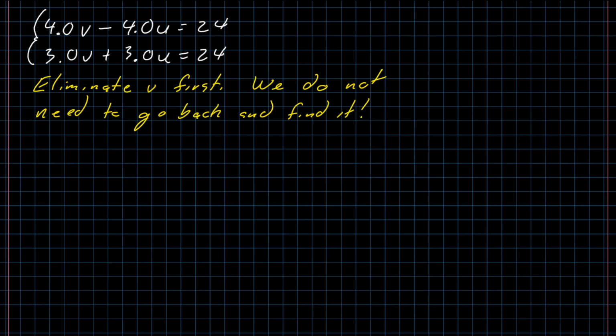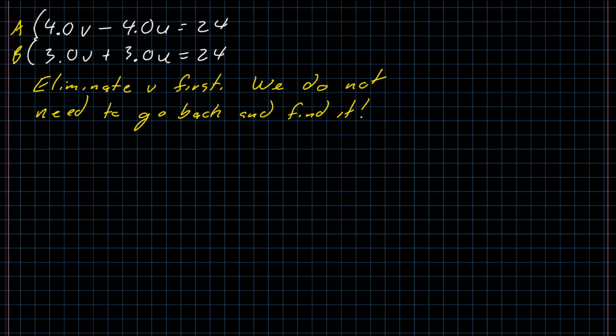If we eliminate v first, we will get the value of u. Following the method of elimination from there, we would then plug that value of u into one of the original equations and use that to figure out the value of v. But we don't care about the value of v, so we can skip that step. We can eliminate v, figure out what u is, and stop there without finishing the method of elimination. We will have our result.